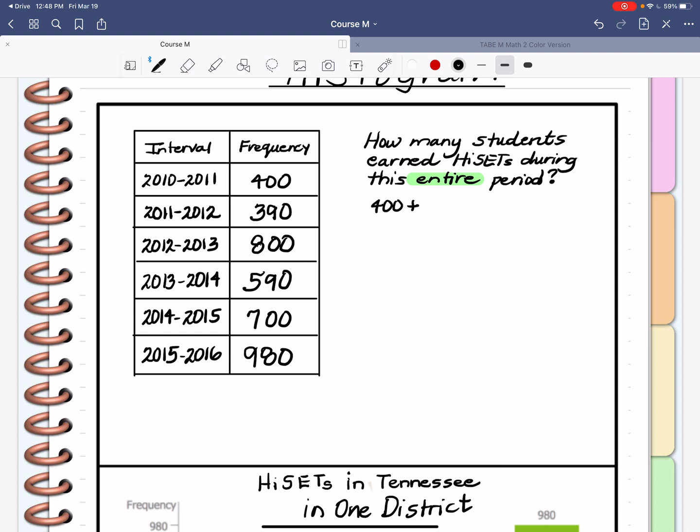400 plus 390 plus 800 plus 590 plus 700 plus 980. Make sure you account for them all. And I've lost my calculator. This is not a good time to lose the calculator.